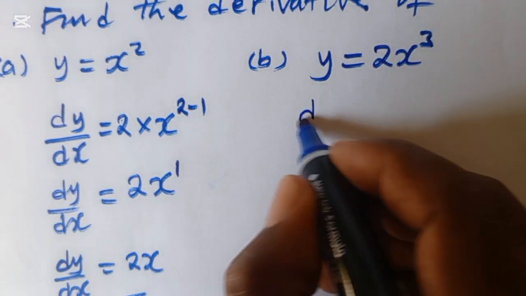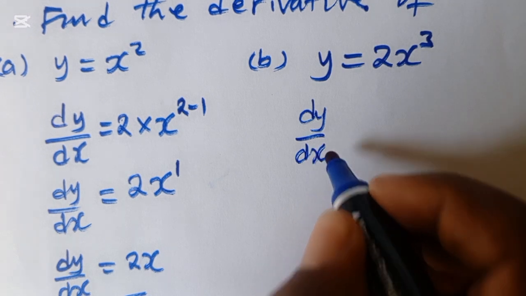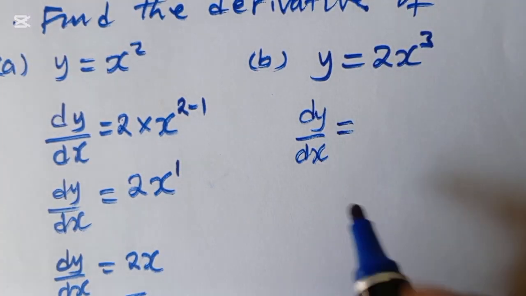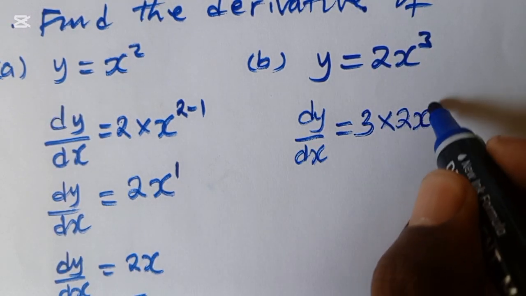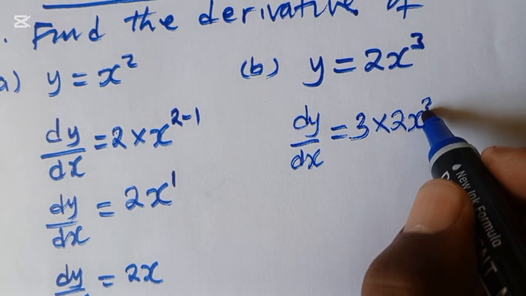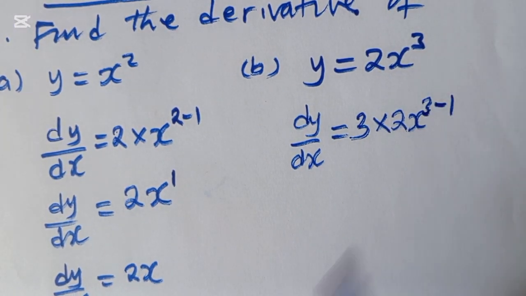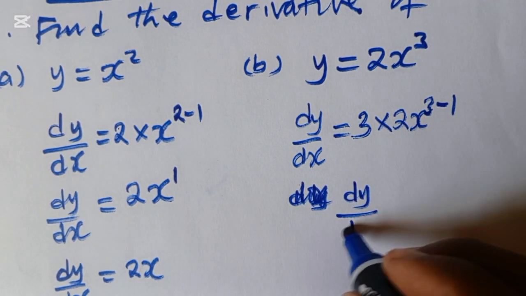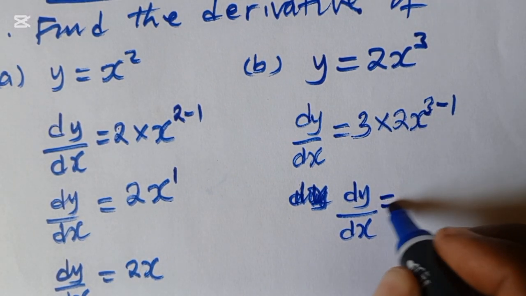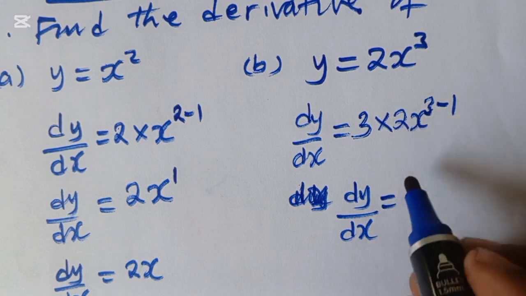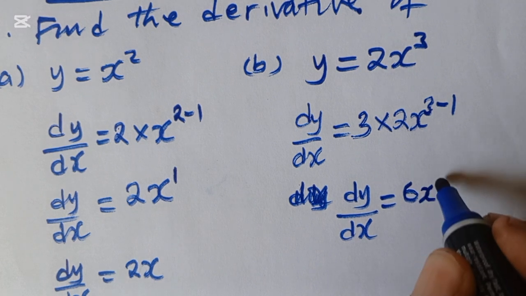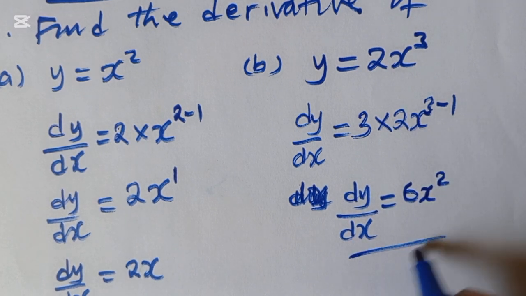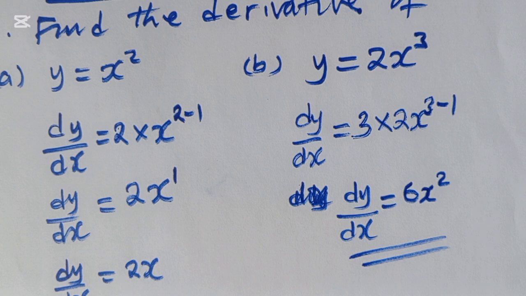So dy/dx, we are differentiating with respect to x, so it will be 3 times 2x to the power 3 minus 1. dy/dx is equal to 3 times 2, that is 6. 3 minus 1 is 2, so x to the power 2. So this is our derivative.